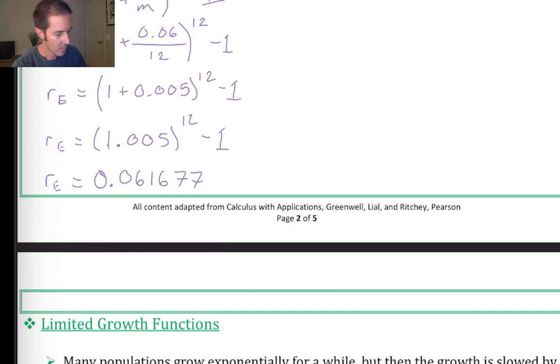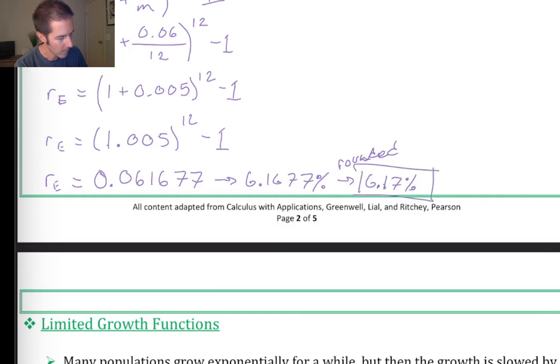That's as a decimal. Then let's convert it to a percentage, which would be 6.1677%. And if we rounded that percentage to the hundredths place, our final answer would be rounded 6.17%.